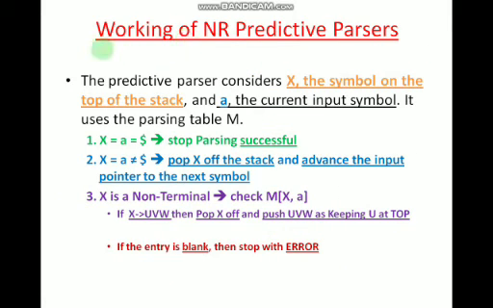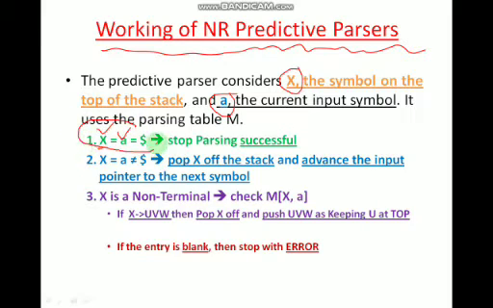Now we will see how this parser works. So look carefully. Suppose at any point of parsing X is the symbol on top of the stack and a is the current input symbol. There could be three possibilities. Number one, the symbol at the top of the stack and the current input symbol could both be equal to dollar.